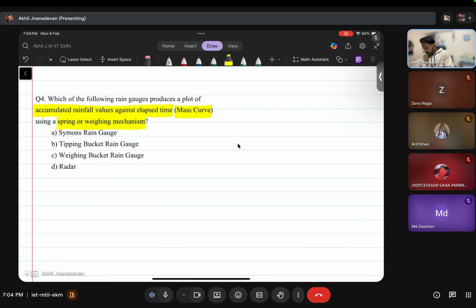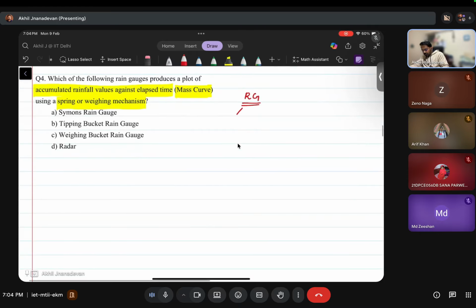So here, if you could remember correctly from the lectures, we had discussed rain gauges. So rain gauges are the instruments that are used to measure rainfall. So measurement of rainfall is done with the help of a rain gauge. So basically there are two types of rain gauges.